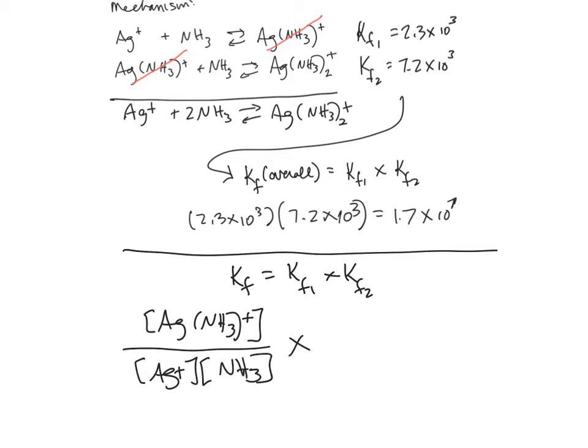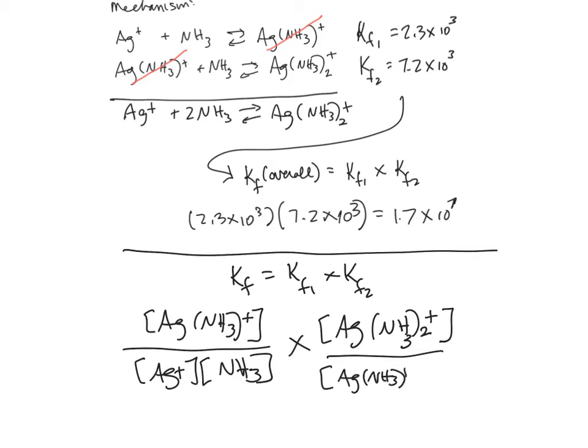If we multiply that times Kf2, it's the silver ammonia complex with two ammonias, divided by the complex with one ammonia, and then divided by NH3.